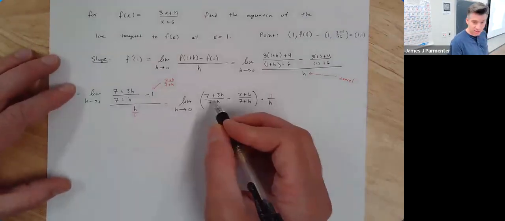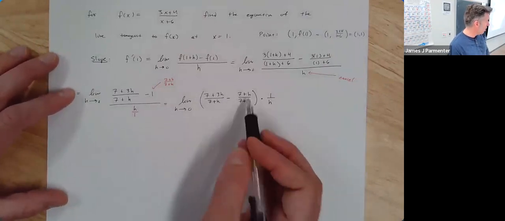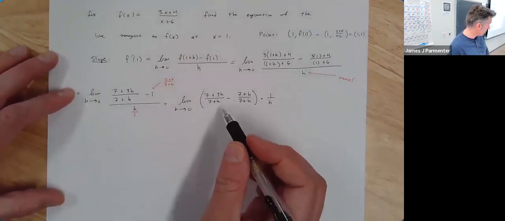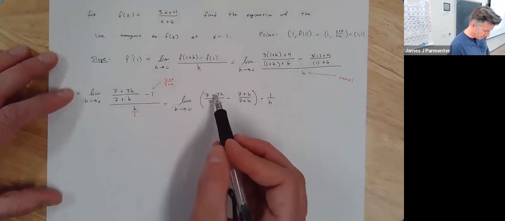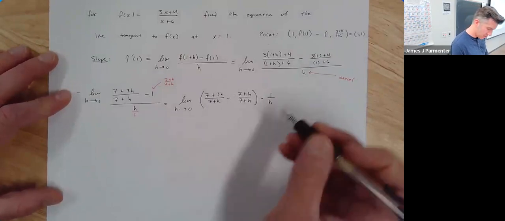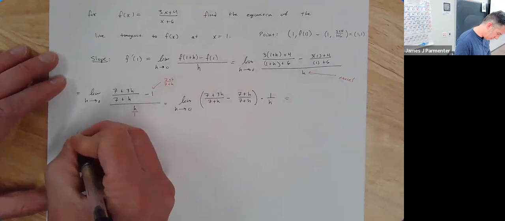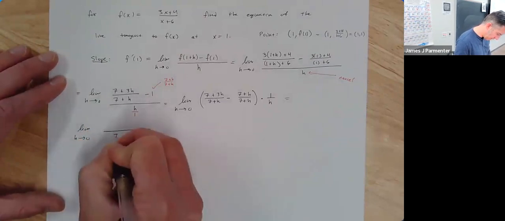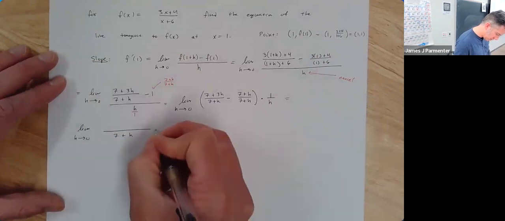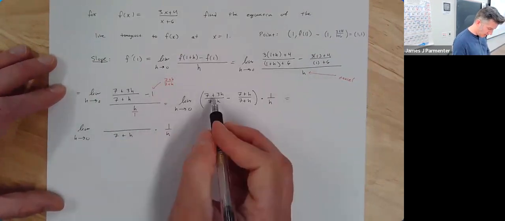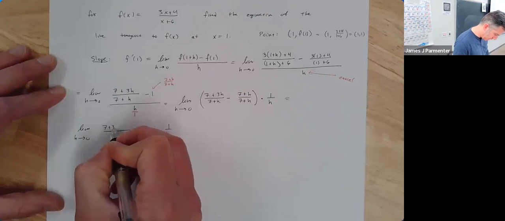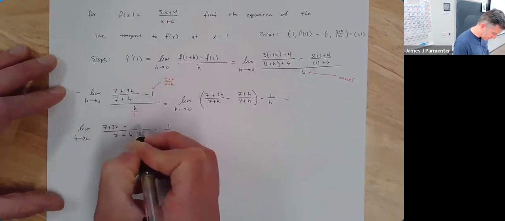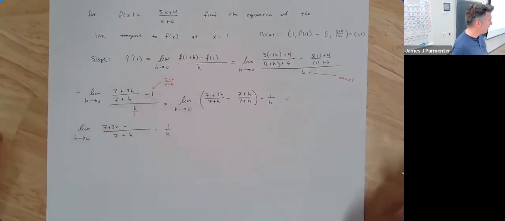Okay, but now we actually can put these two fractions together as one fraction because they have a common denominator. So this minus this is just the top minus the top, and the bottom stays the same. So we're going to have, and be careful here, on the bottom 7 plus h times 1 over h. On the top, we have 7 plus 3h minus, is it minus 7 minus h or minus 7 plus h?